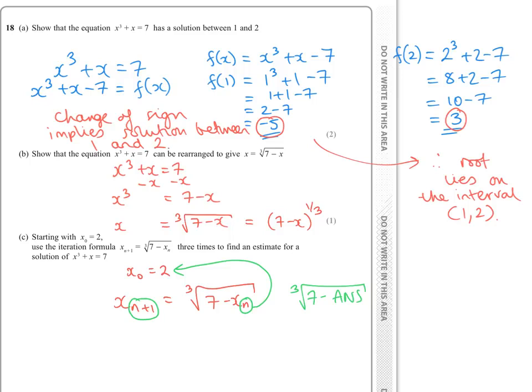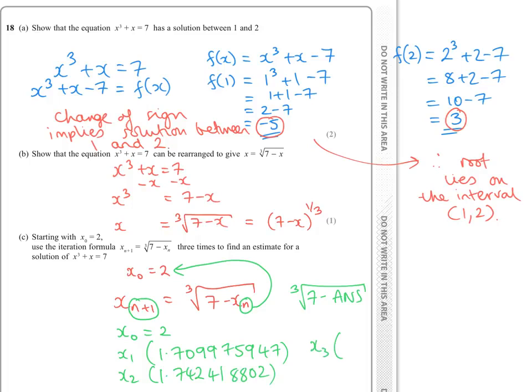So I'm just going to give you the values that I get. So I had x0 was 2, obviously, x1 came out to be 1.70997597, x2 was 1.74241880, and x3 was 1.738849506.